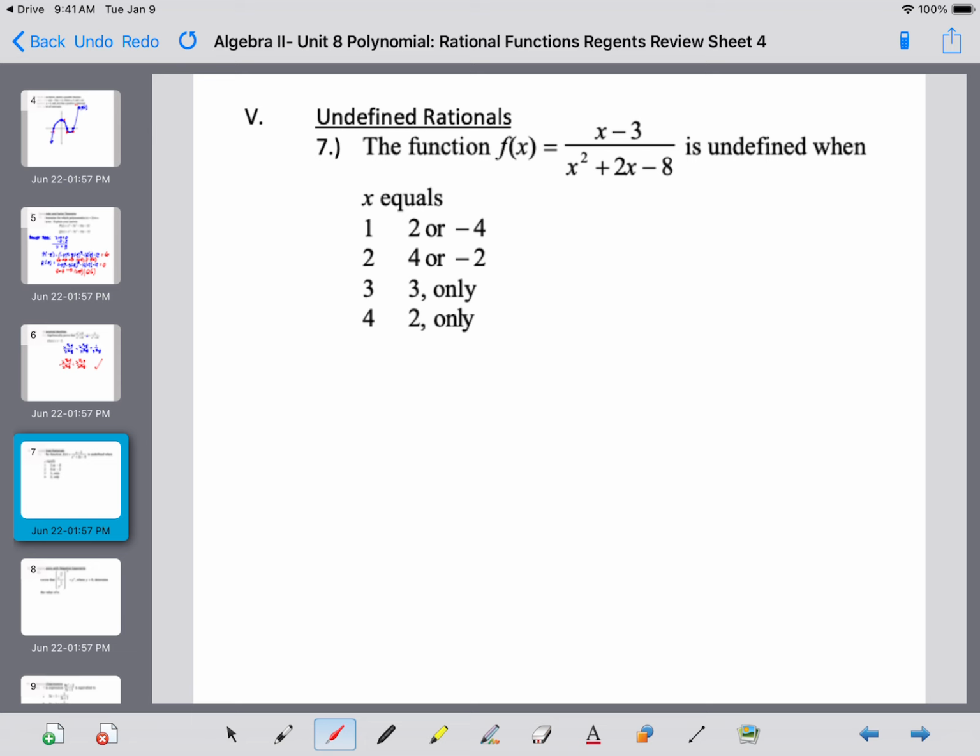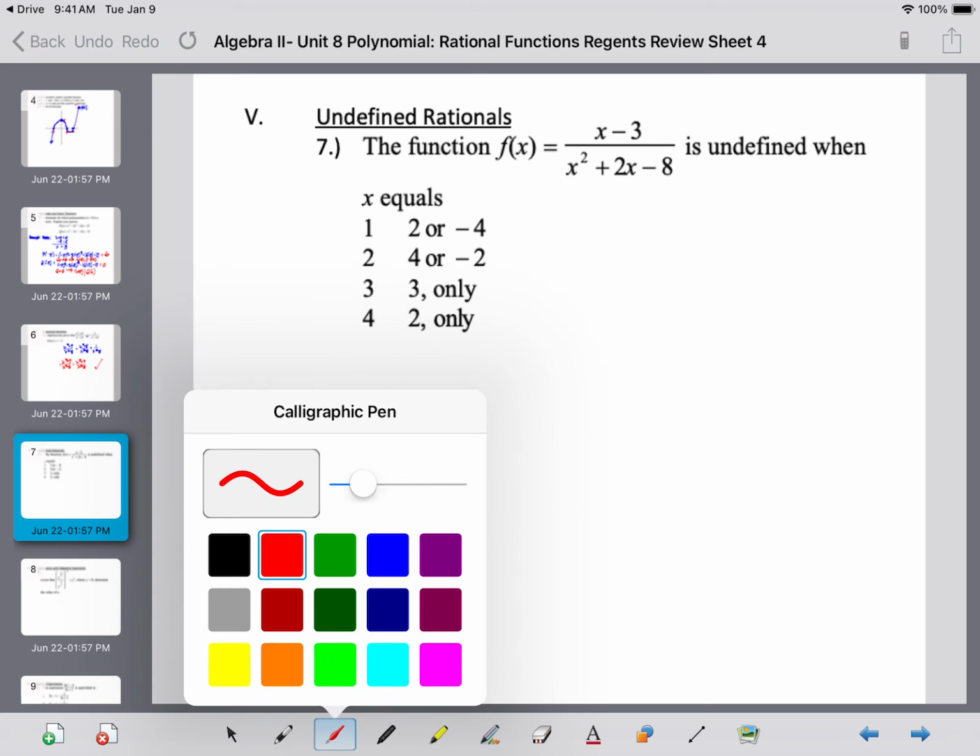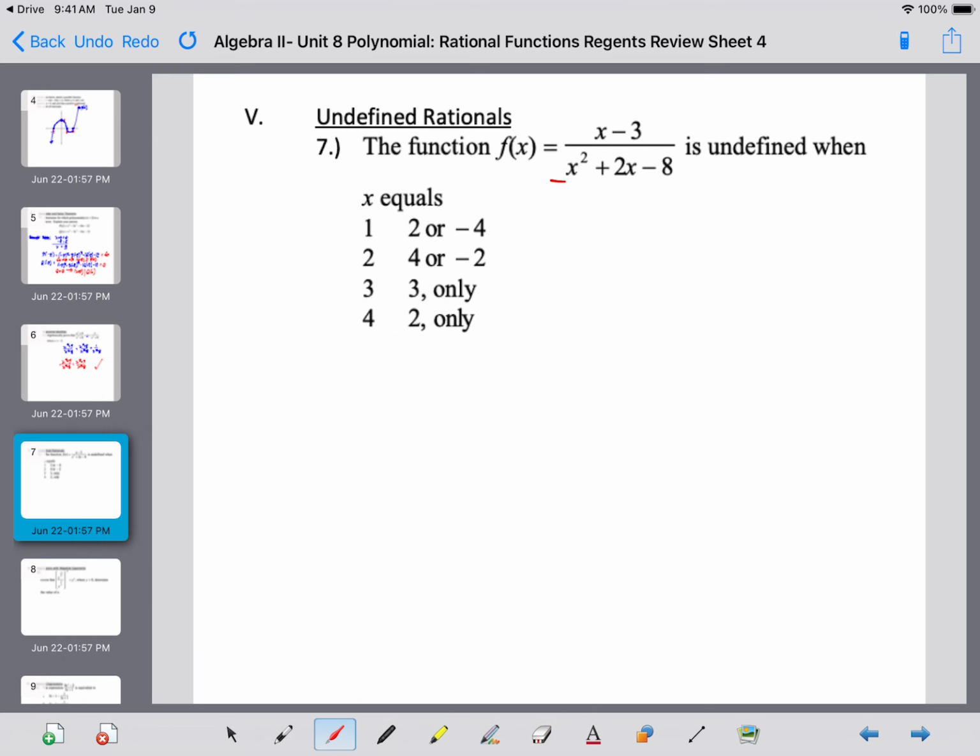Okay. The function is undefined when x equals. You know a number is undefined when you have a denominator of 0. You cannot divide by 0. It doesn't make sense. So, your denominator can't equal 0. X squared plus 2x minus 8 equals 0, or we could say not equal to 0 if you want. There is a negative on the product term, which indicates different signs.